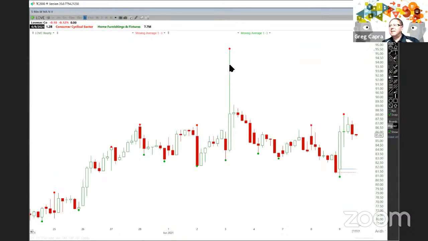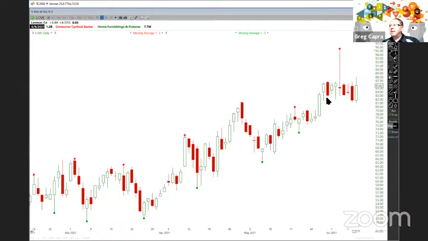Maybe it isn't. That's crazy price action. I might be willing to do this if it consolidated here at the top of the hourly bar and then started to move up. But I'm not sure. I'm skeptical that it's ready to move up because of this price action that occurred there.